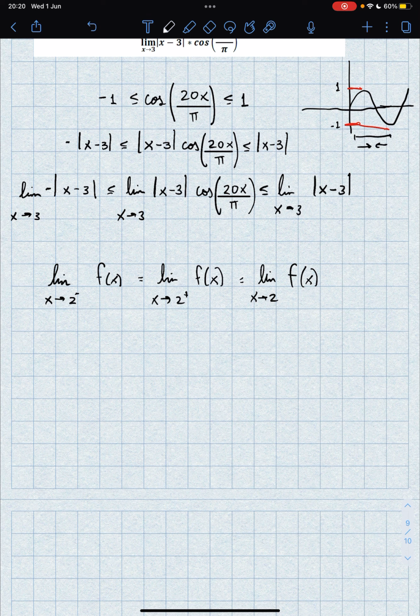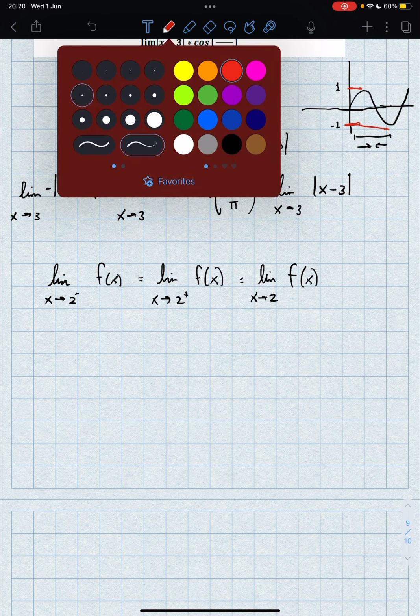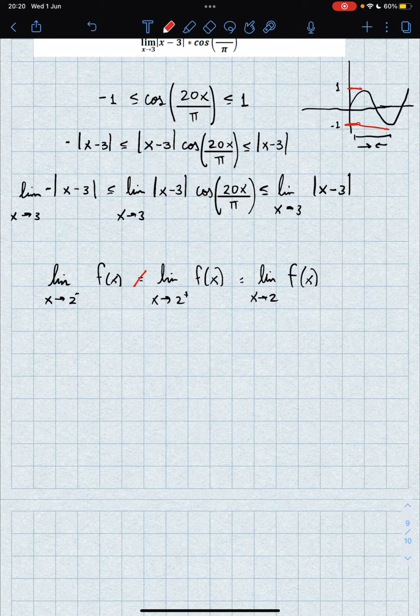This needs to occur so we can assure that the limit exists. If these limits are different, then this limit does not exist. Okay? Just so we know.